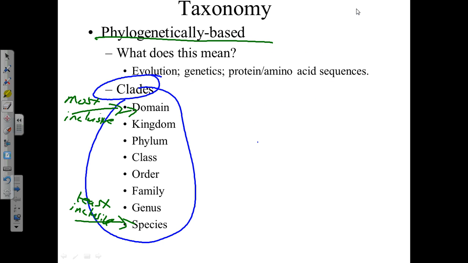Three domains. A lot of people don't like the way the domain system is set up because there's one domain called Eukarya. And what's in that domain? Everything that has eukaryotic cells. So that would be animals, also what else? Plants, keep going.